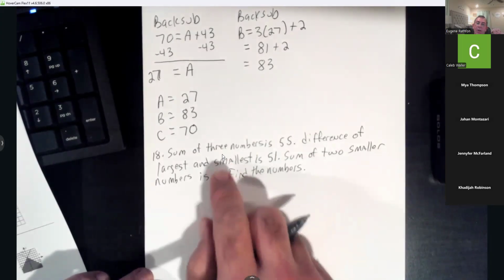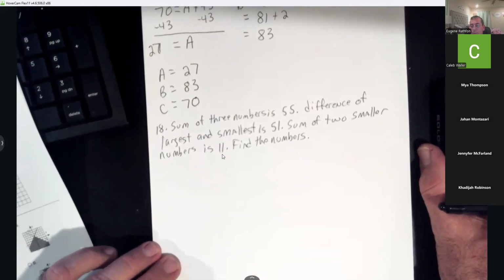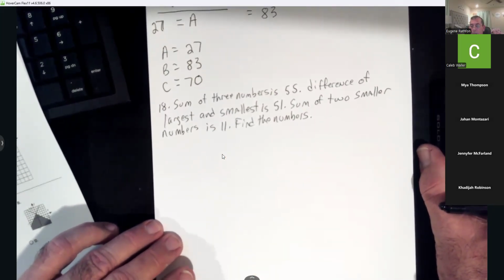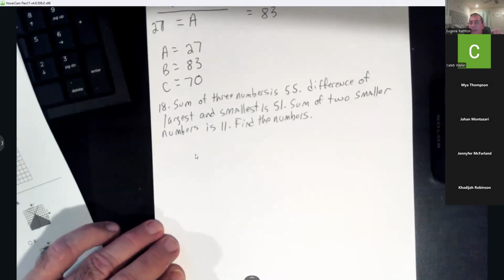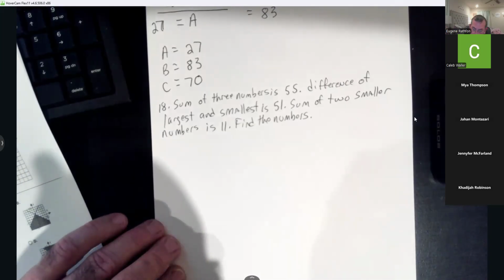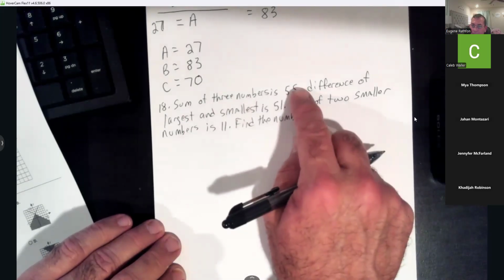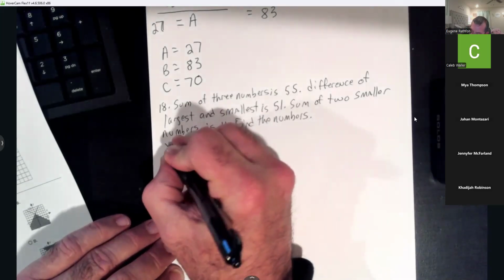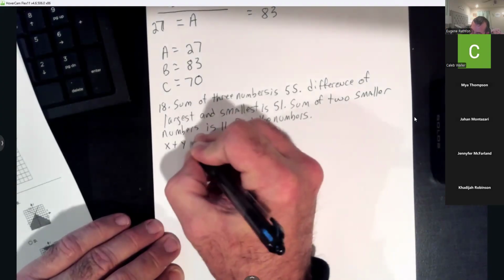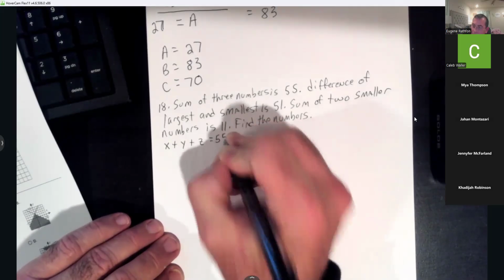So this is going to be another system of three equations. But you'll notice on this one again, it will have stuff that sort of cancels out, okay? Or that's missing one of the variables. So we don't know those numbers, but we got three numbers and they equal 55. So x plus y plus z equals 55.